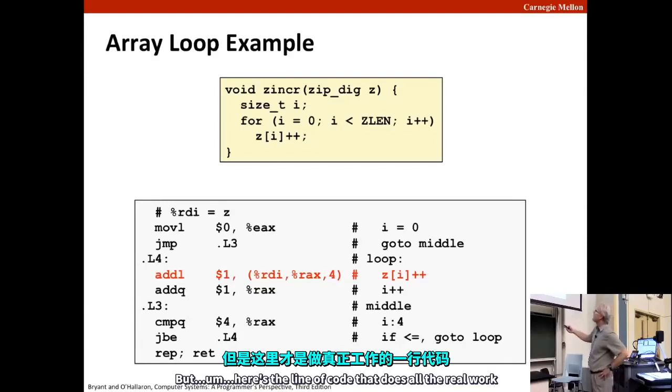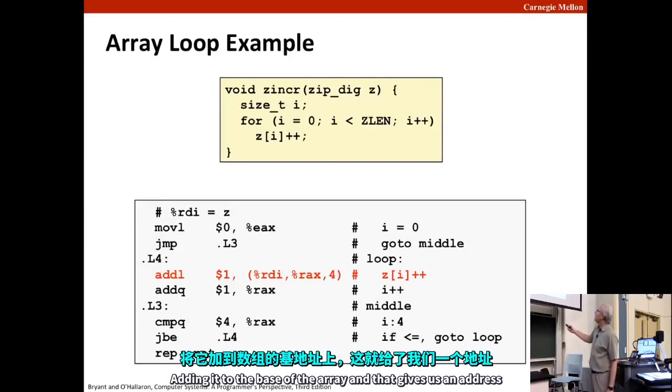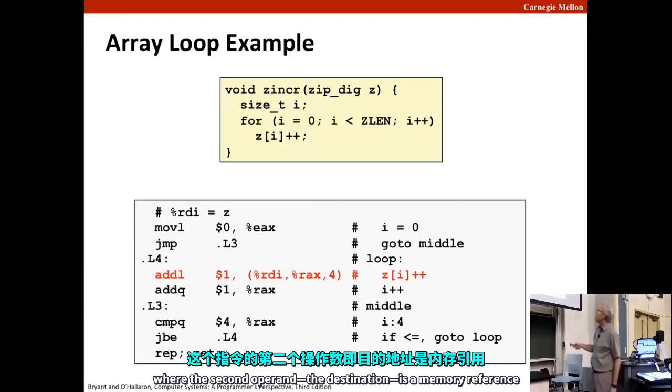Here's the line of code that does all the real work. Again, it's taking the ith element, which i is in RAX, scaling it by 4, adding it to the base of the array, and that gives us an address. And now remember, you can have an arithmetic instruction where the second operand, the destination, is a memory reference.